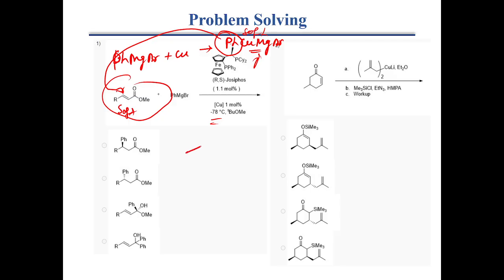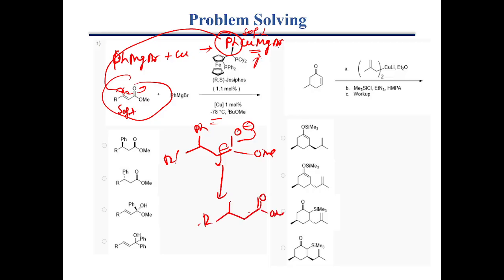So now the Ph will attack here, giving the O minus enolate. If water or solvent is present, it will quench the negative charge, giving the Ph product. Now what will be the stereochemistry of the Ph? Here we can see that this chiral ligand has this methyl group in the beta orientation.